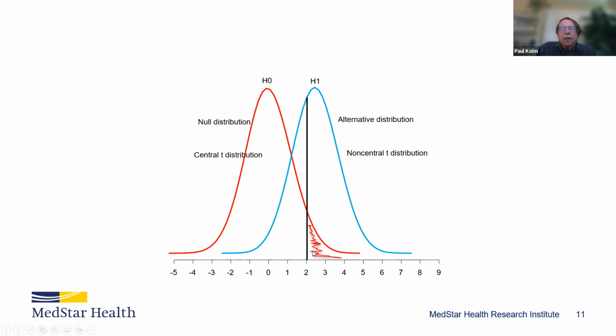So that means that if the test statistic probability falls in this region of the null distribution, but we think it's actually part of the alternative distribution, then we've committed a type 1 error. This part of the alternative distribution is the beta error.